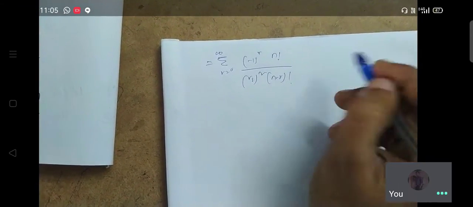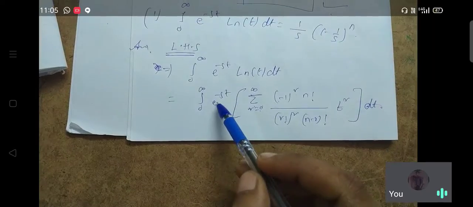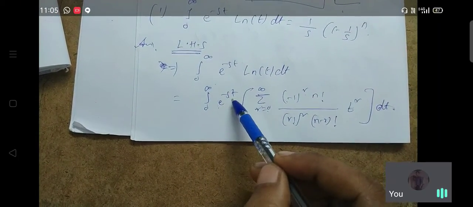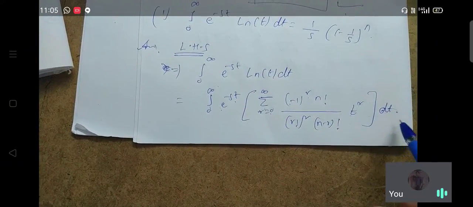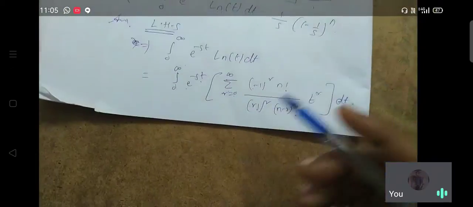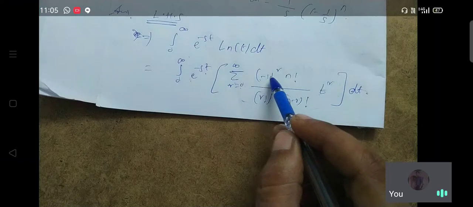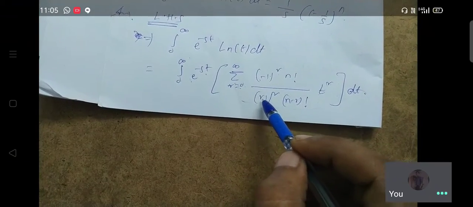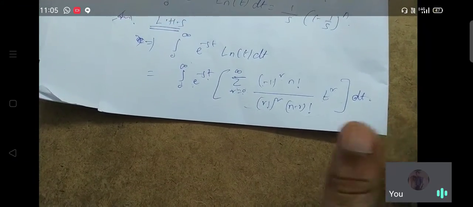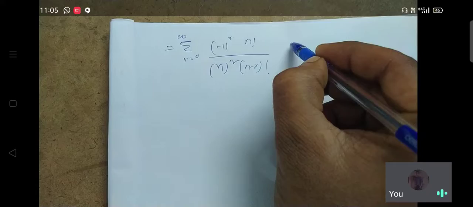So you have the integration from 0 to infinity of e^(-st) t^r dt. The whole summation term, (-1)^r n! divided by (r!)^2 (n - r)!, is constant, so take the constant outside of the integration.